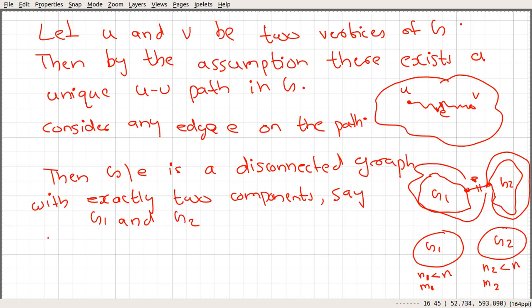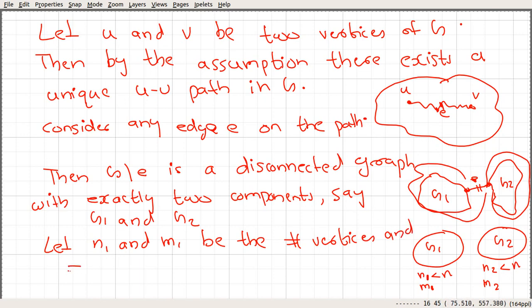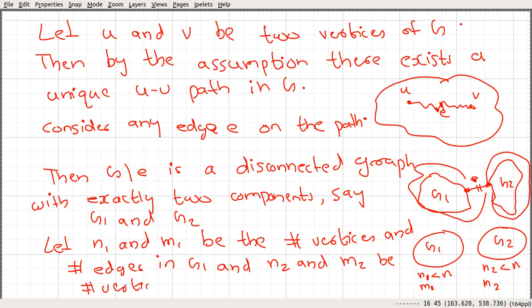Let me write down what I said. Let N1 and M1 be the number of vertices and number of edges in G1, and N2 and M2 be the number of vertices and number of edges in G2.